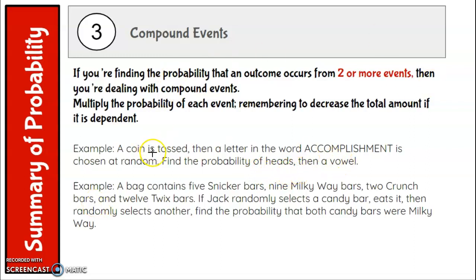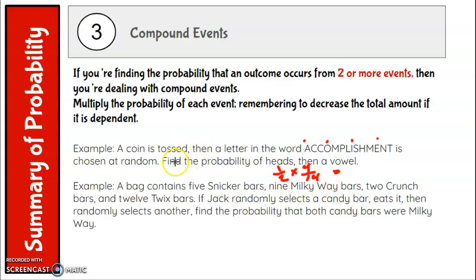The probability for a coin for heads or tails is 1/2. And then the vowels are 4 out of 14 letters.